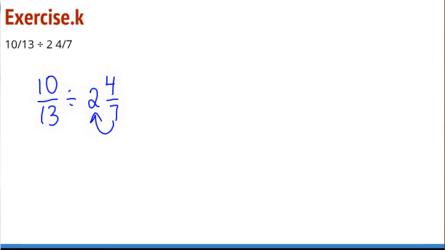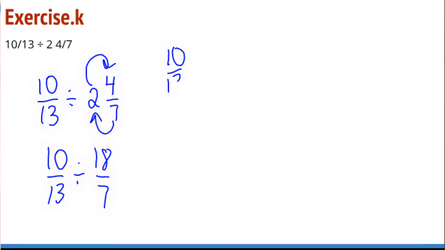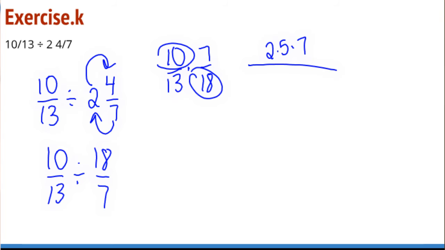All right, taking a look at K. 10/13 divided by 2 4/7. 7 times 2 is 14, plus 4 is 18/7. 10/13 divided by 18/7 is 10/13 multiplied by 7/18. I can see I've got multiples of 2. 2 times 5 times 7, and 13 times 2 times 9.